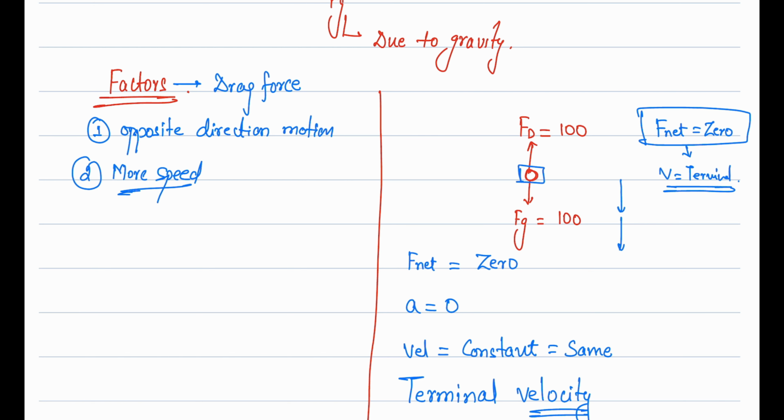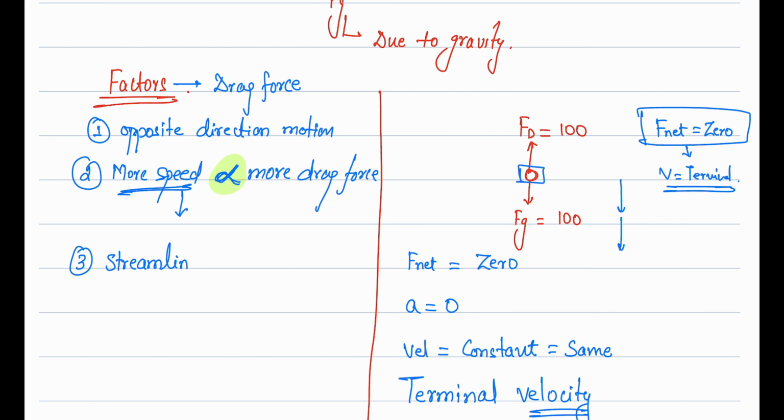Let's say when the body starts moving down, if you have more speed, more drag force. That is called directly proportional. Third, it depends upon streamline shape. You see in the cars or in the rockets and missiles, there is a streamline shape, just like a rocket shape.